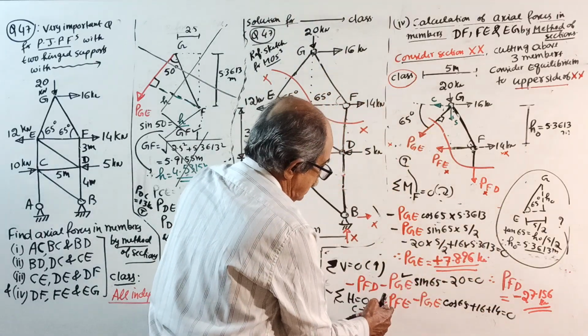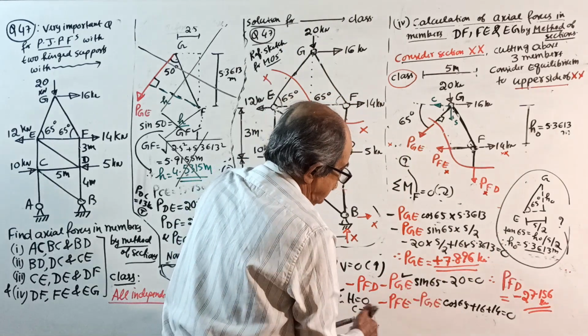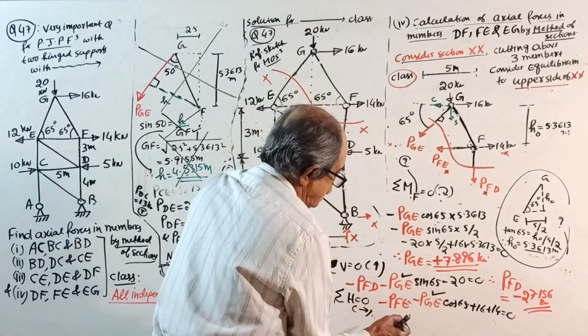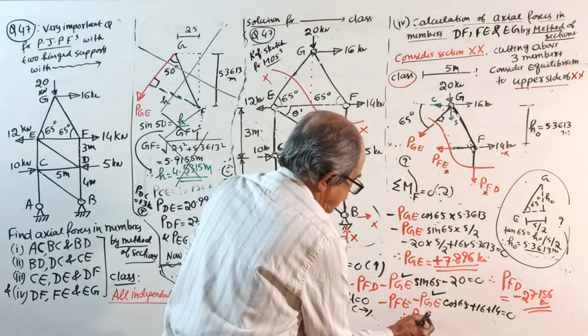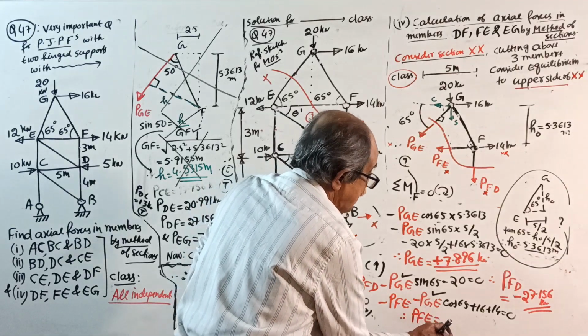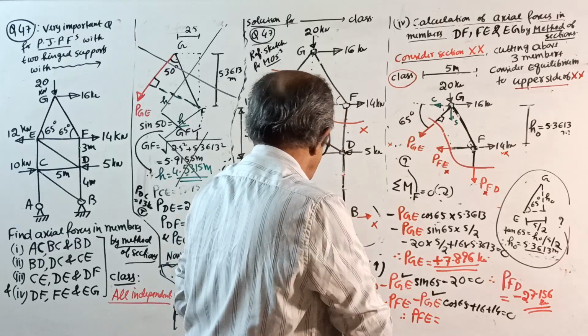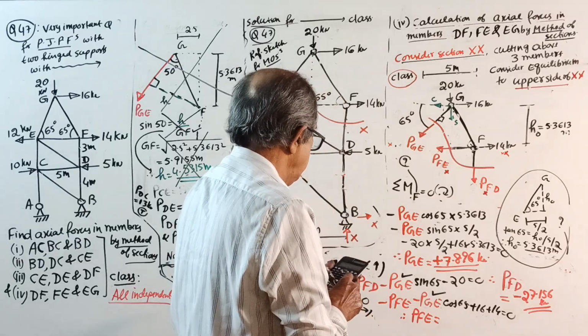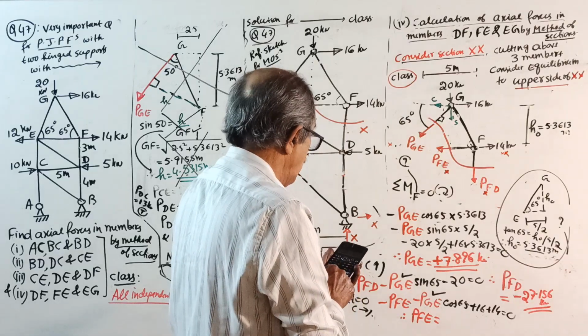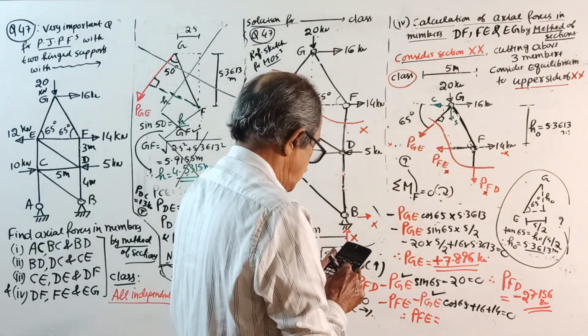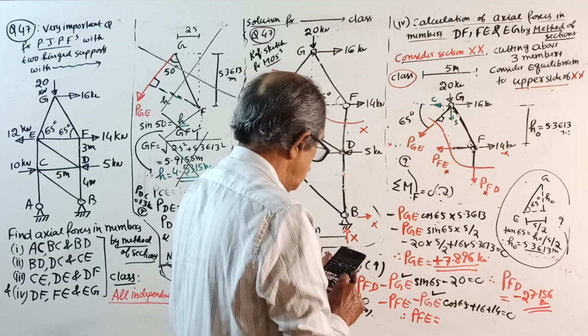You already know the value of PGE. Therefore, substitute, you get PFE. Minus PGE is minus 7.896 into cos 65.